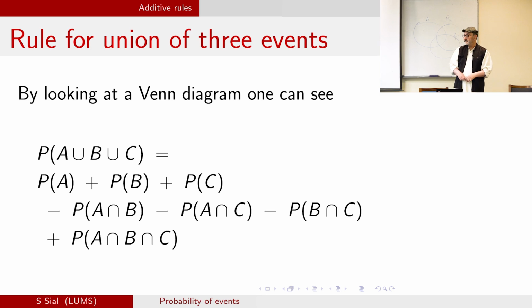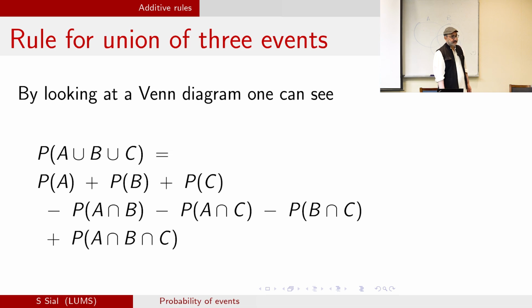In the second row, I'm taking it out 3 times, right? So I've included it 3 times, then in the second row, I've taken it out 3 times, the triple intersection. So now the triple intersection is not included. So I put it back in once.